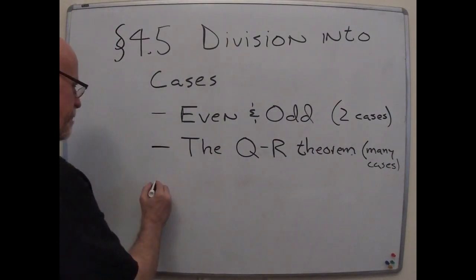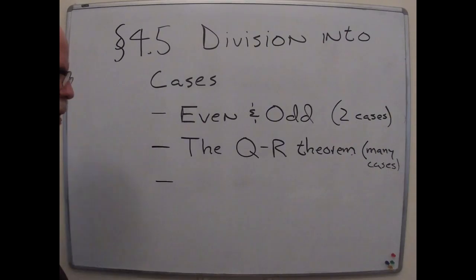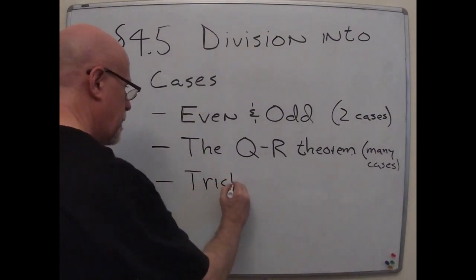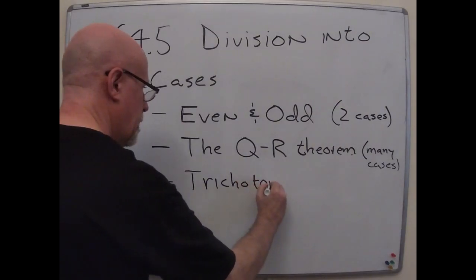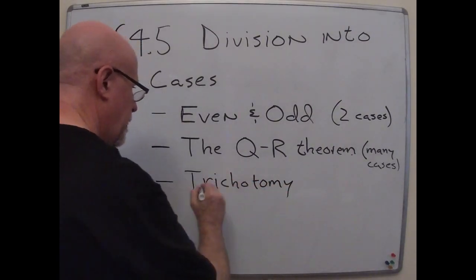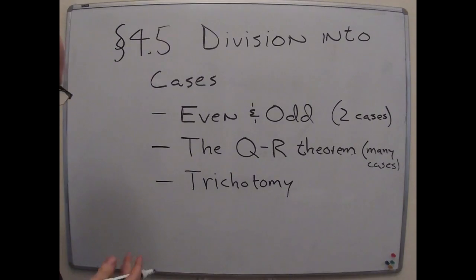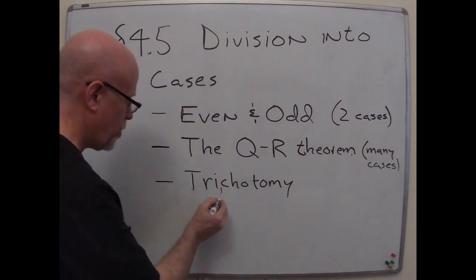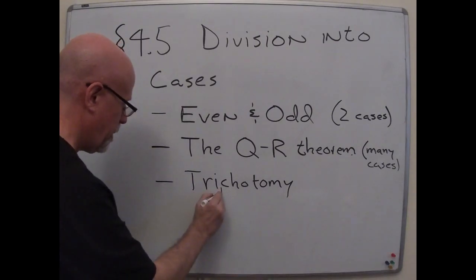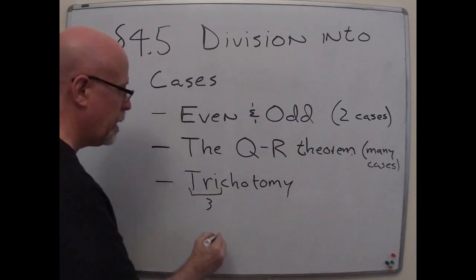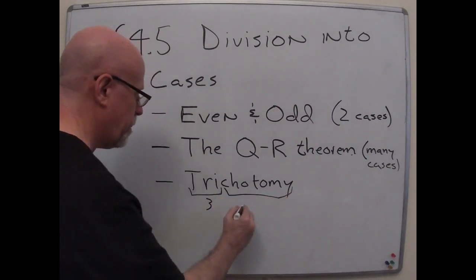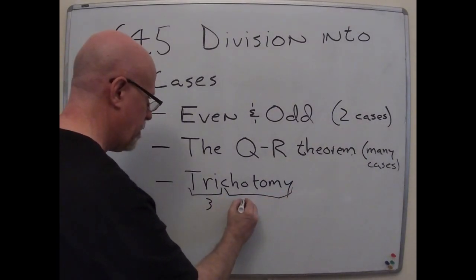There's a particularly nice thing that's called the trichotomy property of the real numbers, which I like to mention the etymology of words. Tri, this part right here, I think everybody knows that means three, and chotomy, the rest of that means cuts or divisions.